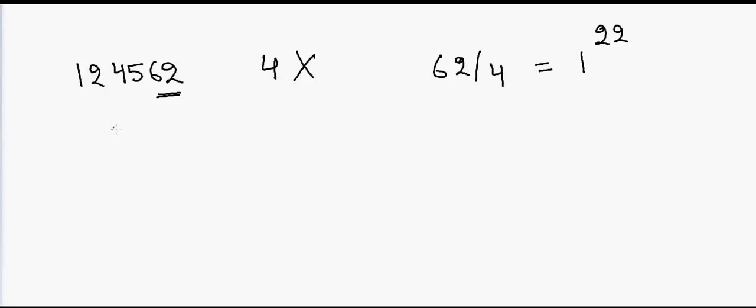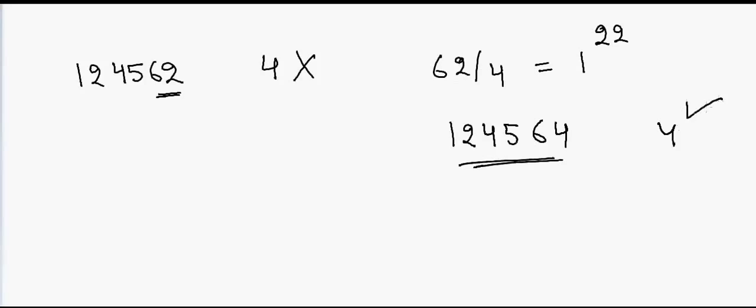So how can I modify this number? If I add 2 more at the end, I'll make 1 2 4 5 6 and make 4 here, then this number should be evenly divided by 4. And I can modify this number any way. I can write 4 3 2 1 6 4, then again it is divisible by 4.